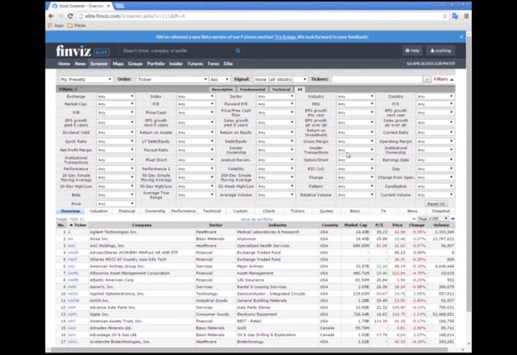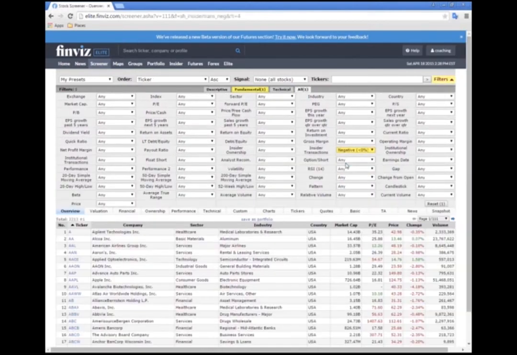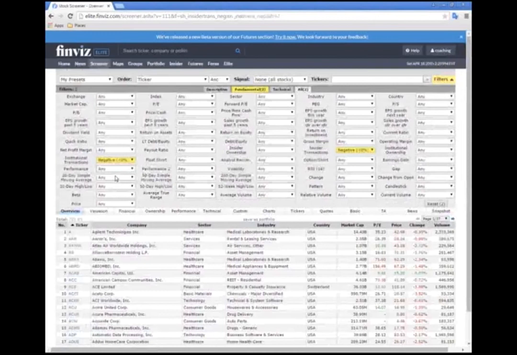So we go insider transactions, negative. Institutional transactions, negative. By looking for stocks with negative selling, institutional and insider on the same scale, we get 723 stocks.